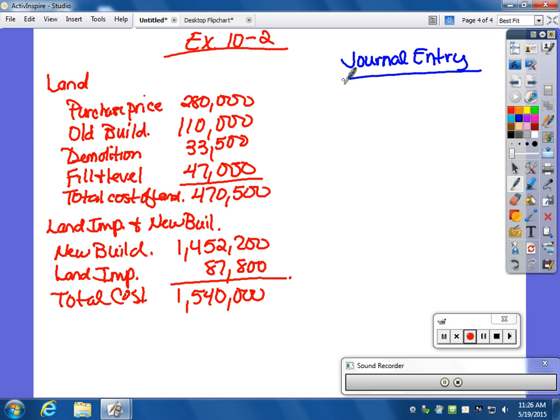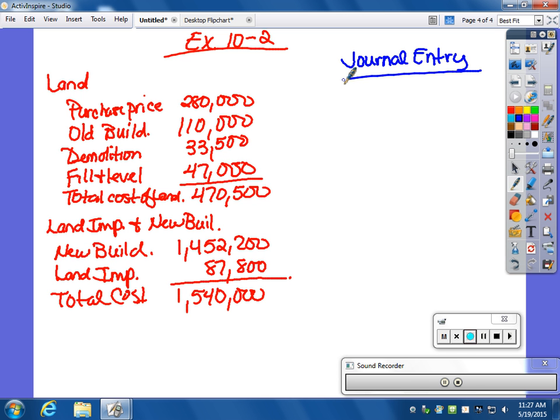Look at all the things that you have up here. What we calculated was the total cost of the land, right? Then we also did land improvements and a new building, right? So those are really the three accounts that are involved other than cash. Land, land improvements, and the building. How are we going to list it on our journal entry? Debit what, credit what?